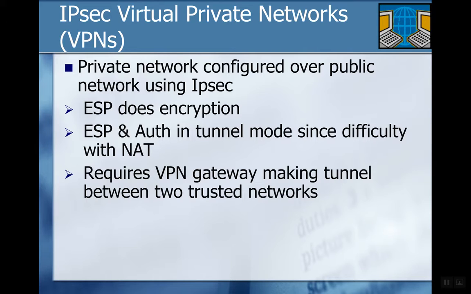It is very common, especially now with pretty much universal access to the internet. Most organizations will simply connect to their local ISP and then use the internet and the IPsec VPN as the means by which to create a secure communication between two host systems, leveraging the internet to do it.